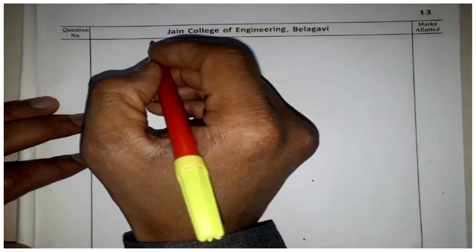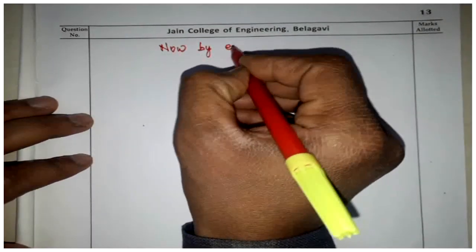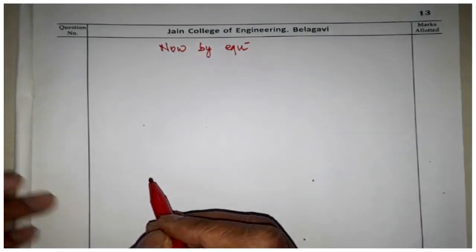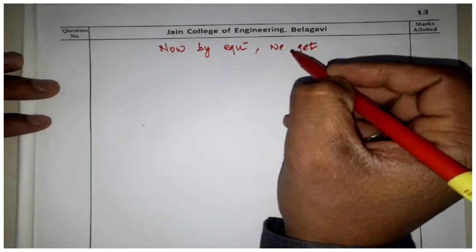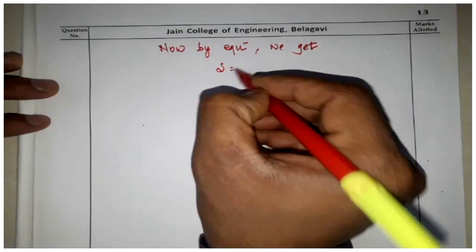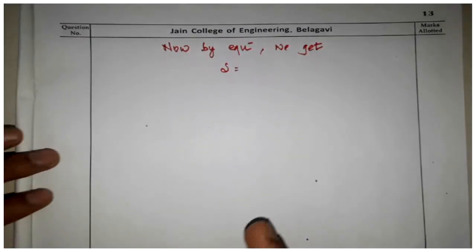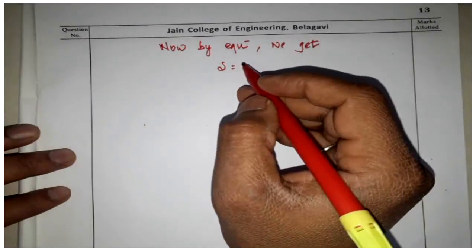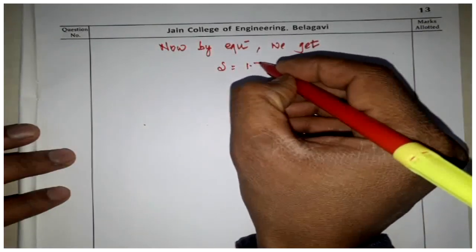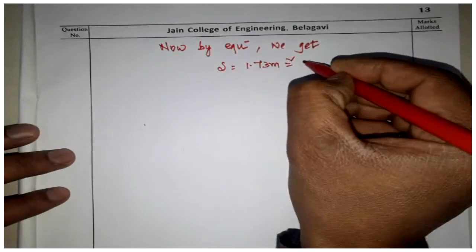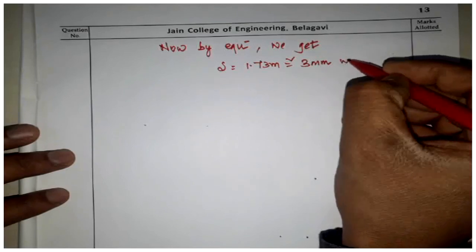So now by equating, we get S is equal to 1.73 mm. So nothing but I'll consider 3 mm weld, 3 mm size of weld.